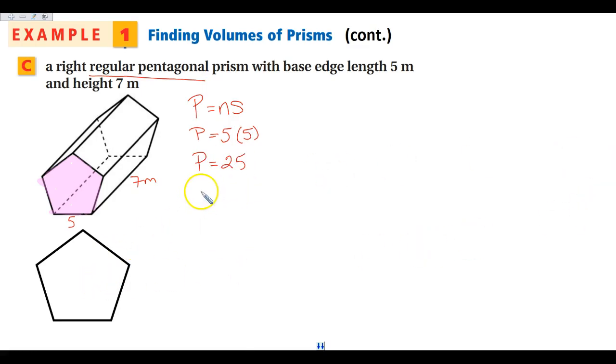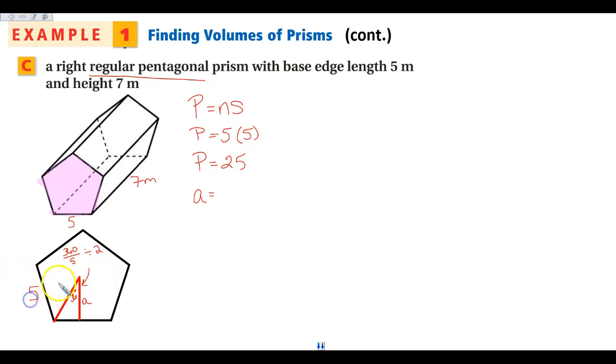Now, to find the apothem, because again, we need 1/2 AP, this is where we're bringing back everything we did in chapter 10. I get this angle measure here by doing 360 divided by 5 and then dividing that by 2, so I'm going to get 36 degrees right here. This is the apothem that I'm looking for.